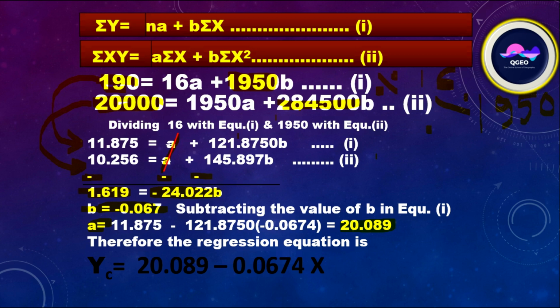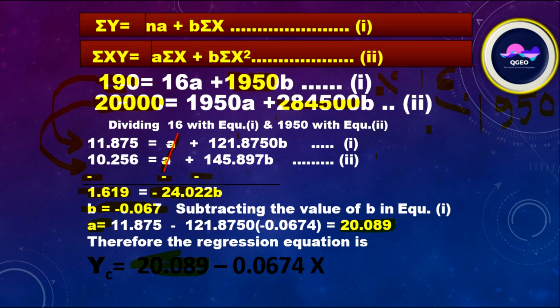Therefore, the regression equation is yc equal to a plus bx, where a is equal to 20.089 and b is equal to minus 0.0674, into x.